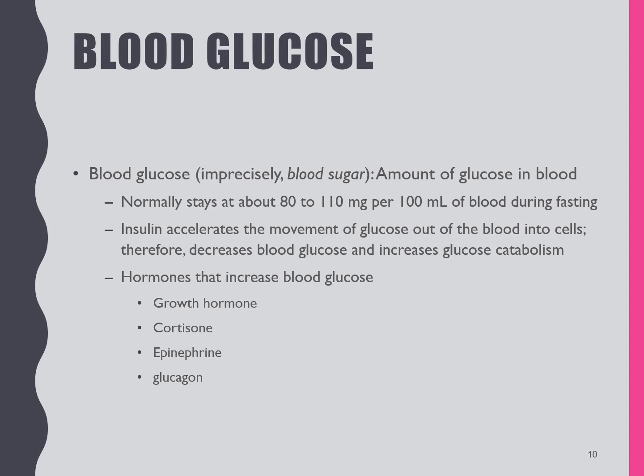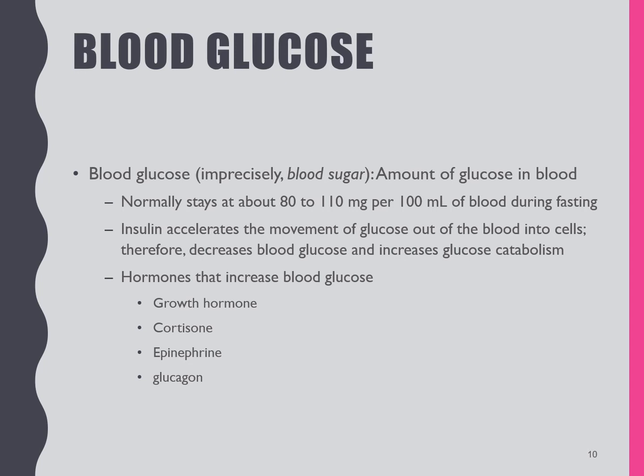So when we talk about blood sugar, normally it is about 80 to 110 milligrams per 100 mLs of blood when someone is fasting. And we've already talked about how the islets of Langerhans secrete insulin. And insulin is a hormone that helps move glucose out of the blood and into the cells so that it can be used for energy, right?